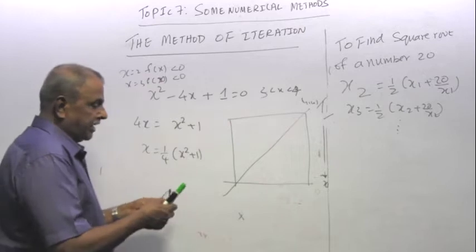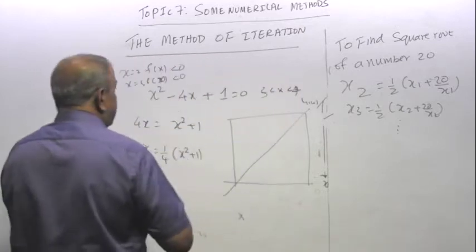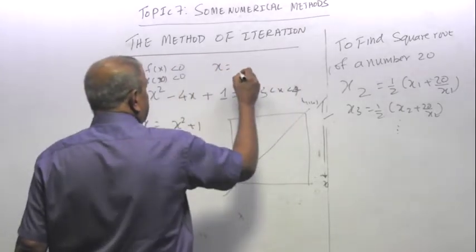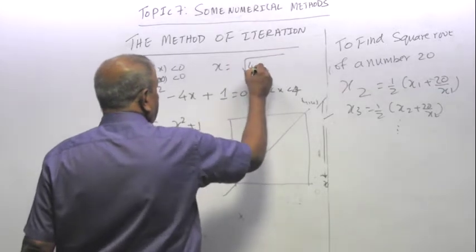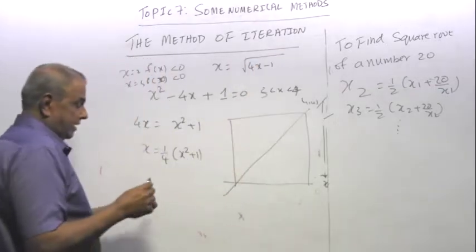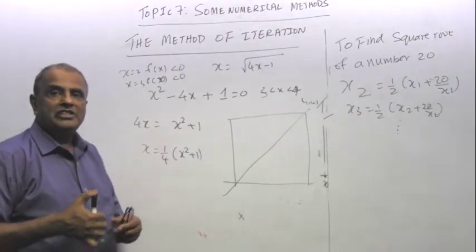I wrote the first iteration, if you remember, as x equal to square root of 4x minus 1, and then I showed you how the iterations converge.